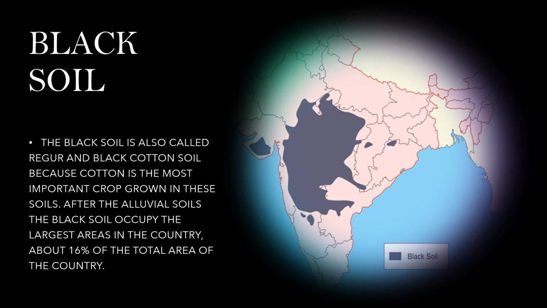About 16% of the total area of the country has black soil. Black soil is spread over areas of Maharashtra, Western Madhya Pradesh, parts of Karnataka, Andhra Pradesh, Gujarat, and a few areas in Tamil Nadu.